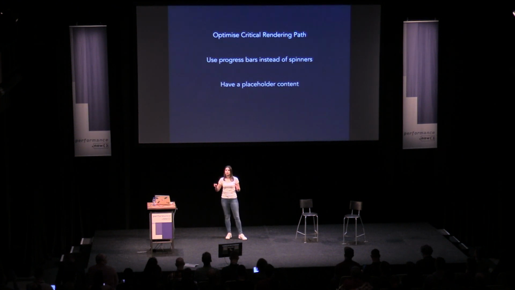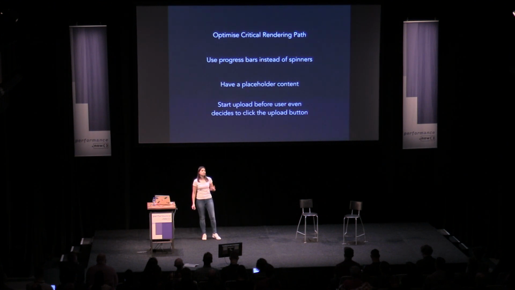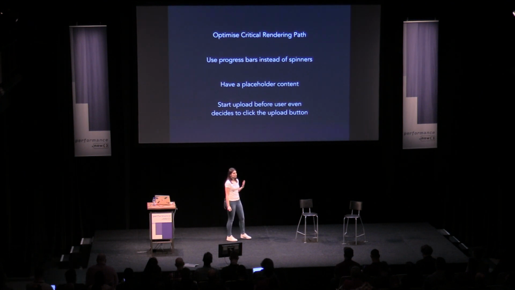We have these gray areas where we know that any second something will pop up, so we anticipate the content there. Or how some services start to upload the user's media before the user even knows they want to upload something. They have only just chosen this media in their device's library.